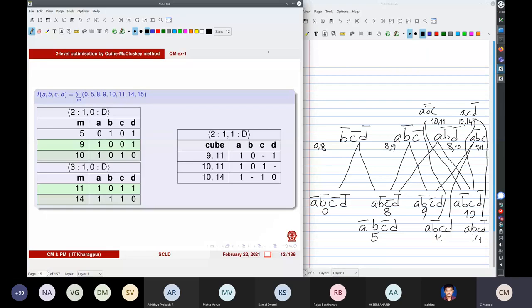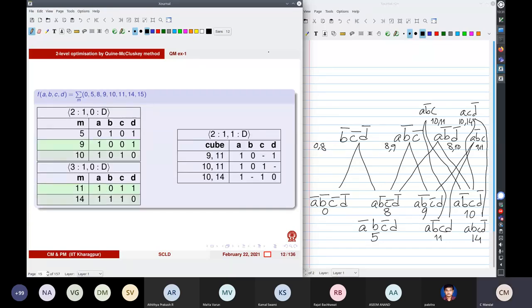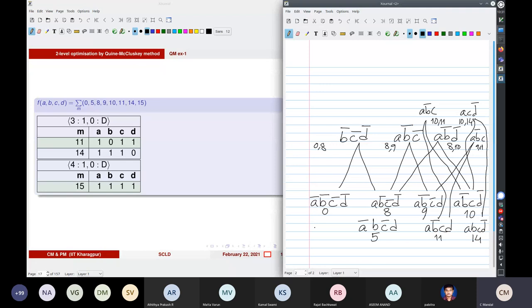All right, now we got one more cube which is all ones. That is ABCD. So let us write that down here. ABC, this is all ones.